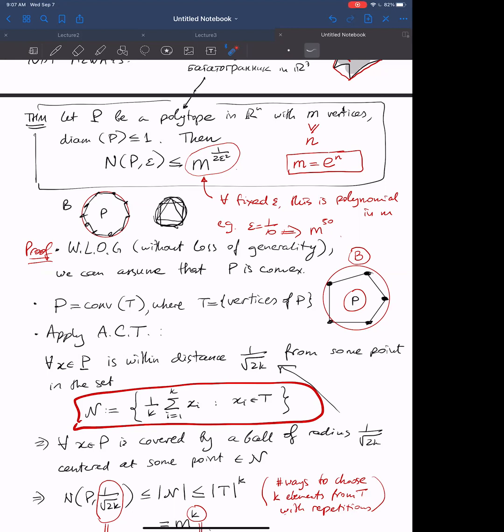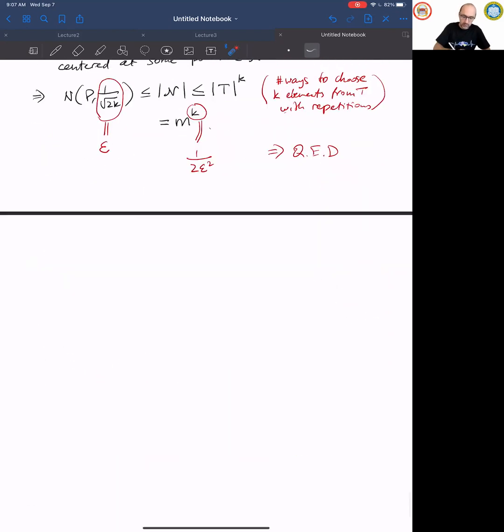Yeah, that's a great remark. I think this theorem is useless for the cube, and why so? You said it yourself. If you have a hypercube in high dimensions, how many vertices does it have?